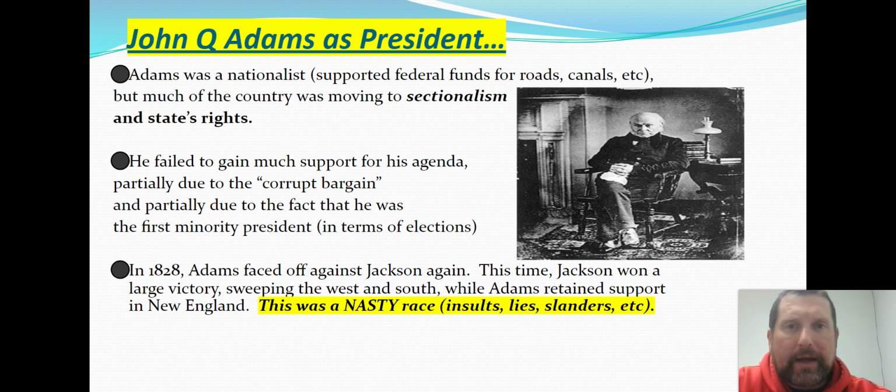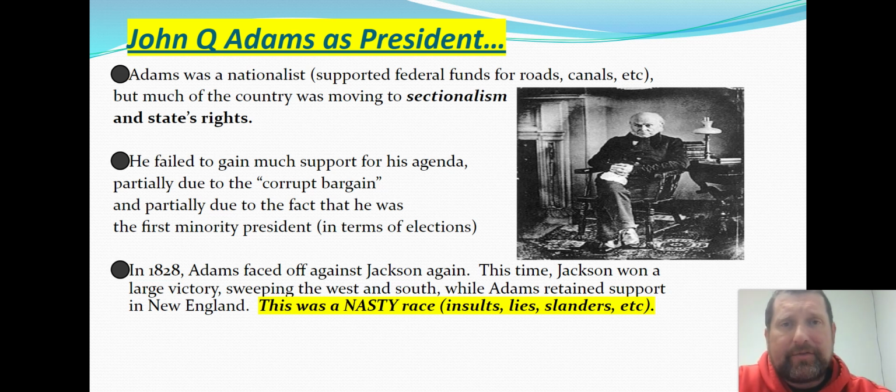You can make the argument that a large part of that is because he's tainted by the corrupt bargain that put him into office, and also that he's the first minority president. Obviously, he's white. We don't mean that kind of minority, but in terms of not having gained a majority of votes. John Quincy Adams' presidency is largely like his father's, kind of doomed from the beginning.